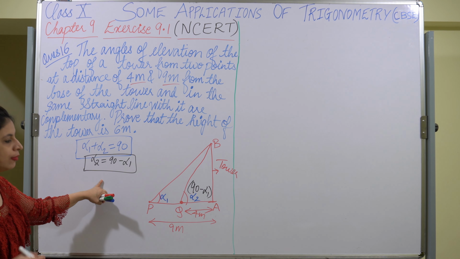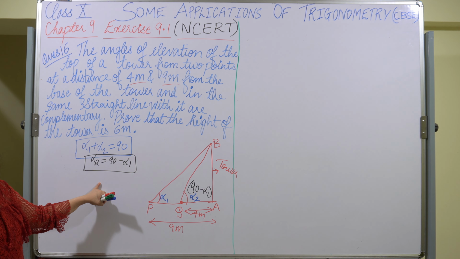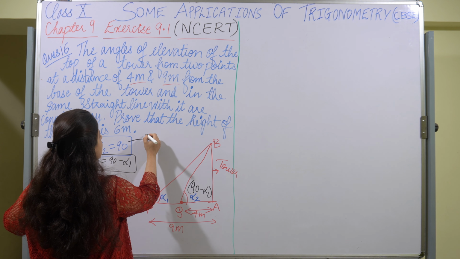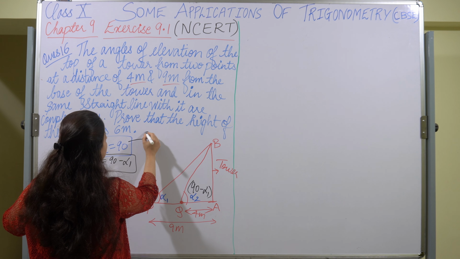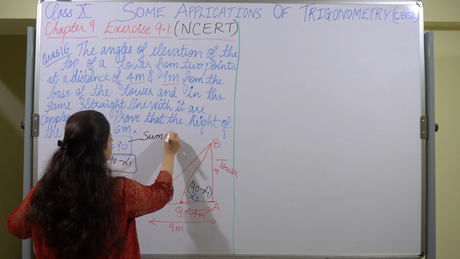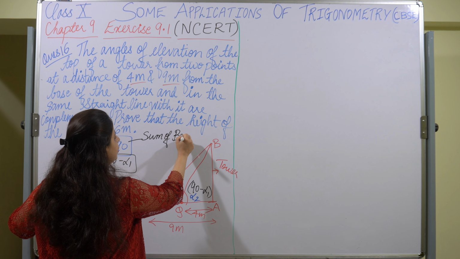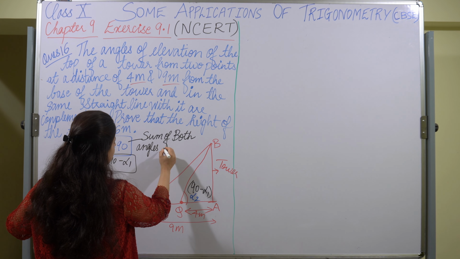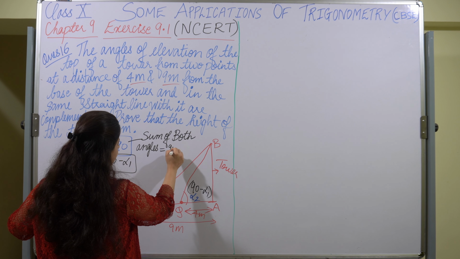So if one angle is alpha 1, the other angle is 90 minus alpha 1 because both the angles are complementary to each other. This means that the sum of both the angles is equal to 90 degrees.